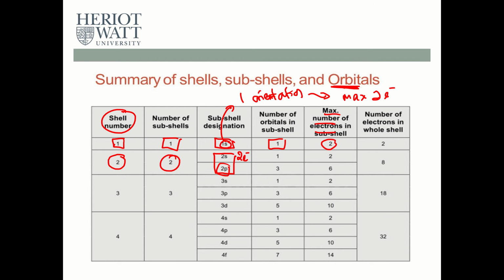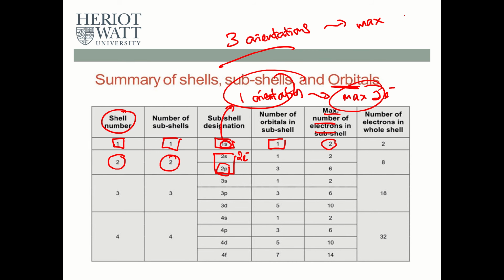P orbitals can be x, y, and z. 3 different orientations. So if you have 3 orientations for the p orbitals, how many electrons can you put in maximum? Each orientation is 2 electrons. You have 3 now. So maximum you have 6 electrons. So I can put in 6 electrons.